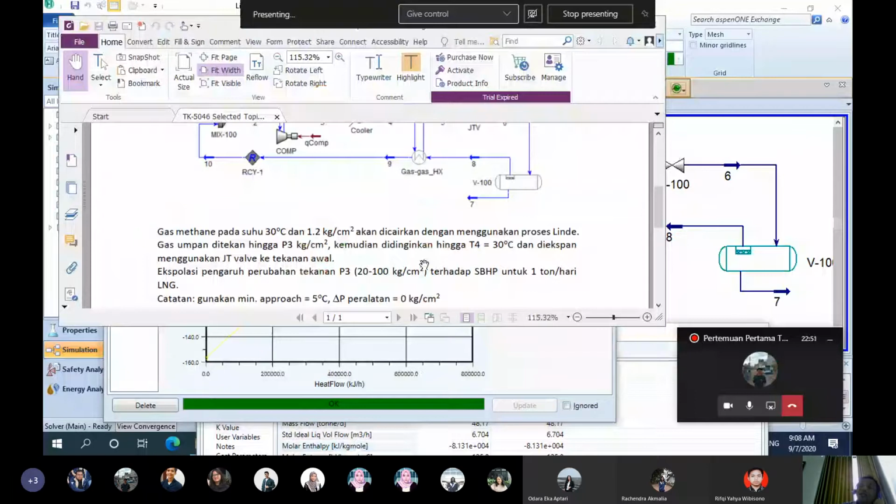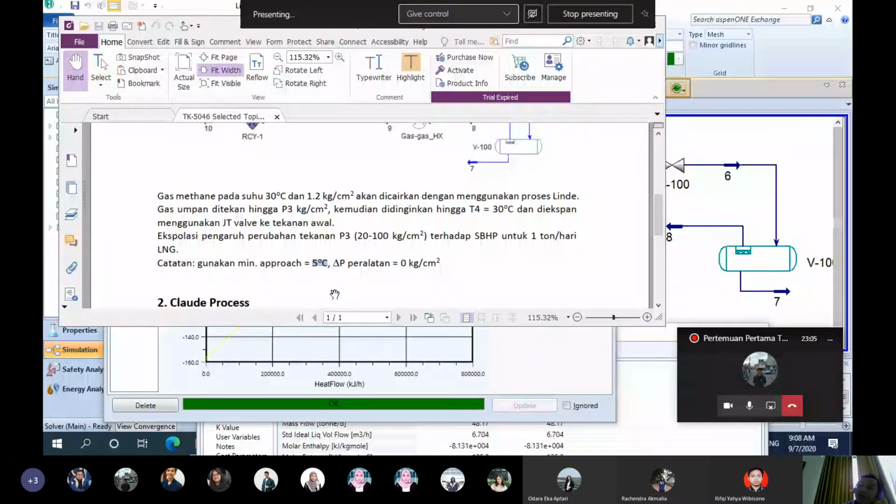What is the impact of the 5 degrees C? The efficiency of the heat transfer will be increased if you use a lower minimum approach.